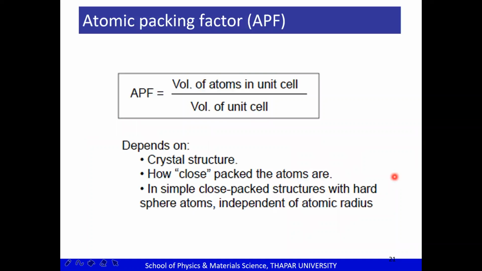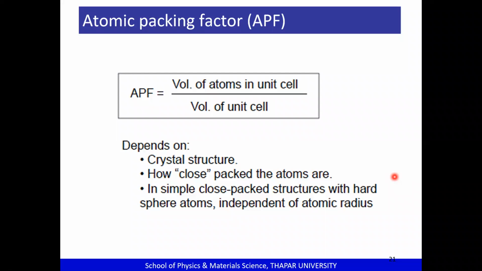Then we defined another important parameter which we will frequently refer to vis-a-vis the unit cell. It was called APF, or atomic packing fraction. It represents the fraction of the total volume that is occupied by the atoms. So it is defined as the ratio of the volume of atoms within the unit cell to the total volume of the unit cell.